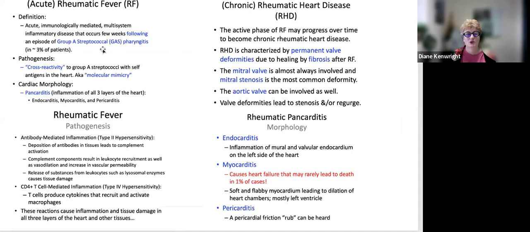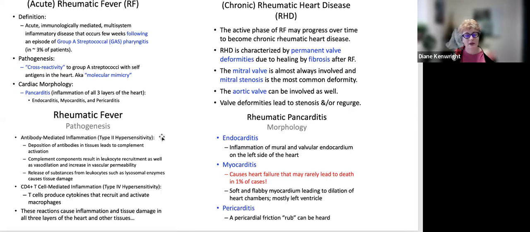All right, I'm sure that you know that it's caused by group A strep because of cross-reactivity of group A strep antigens with self-antigens in the heart and other places. Okay, it gives a pancarditis, so all three layers of the heart and the valves are affected.